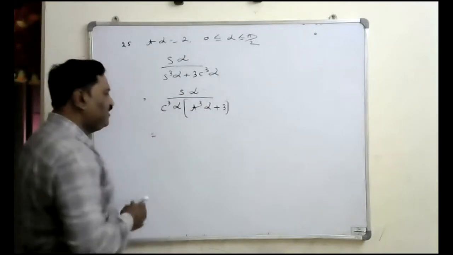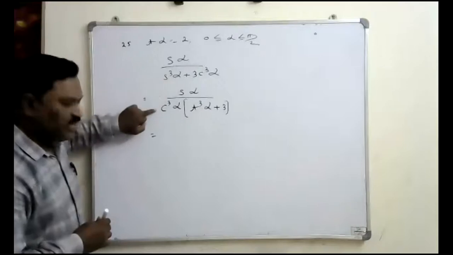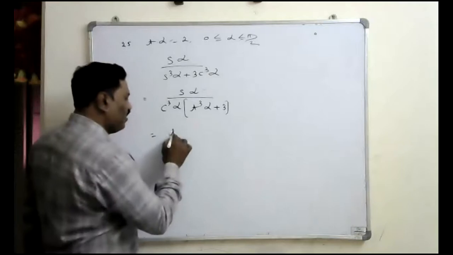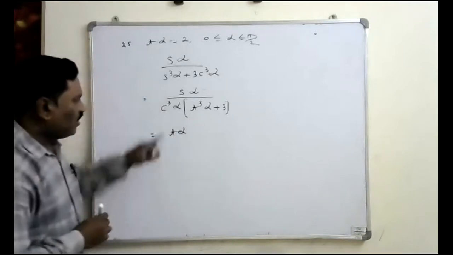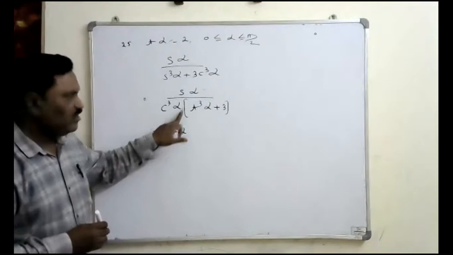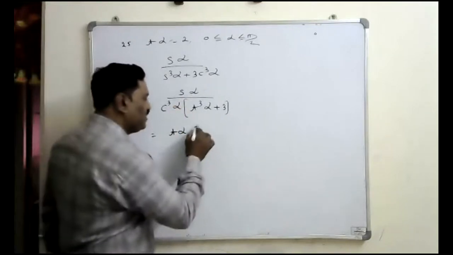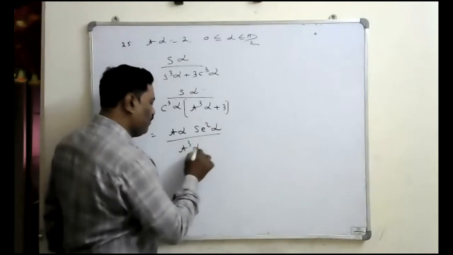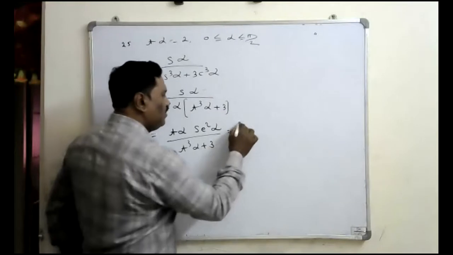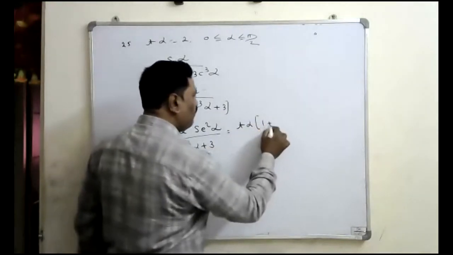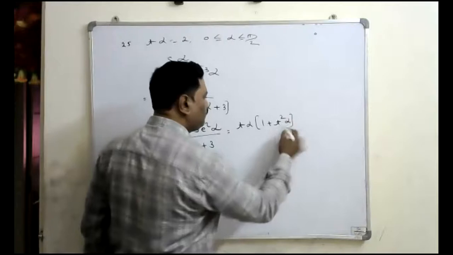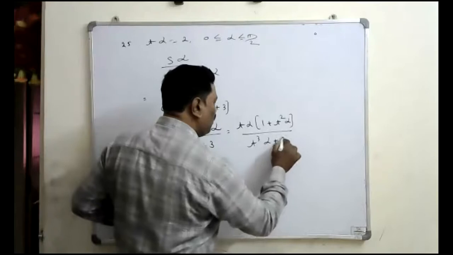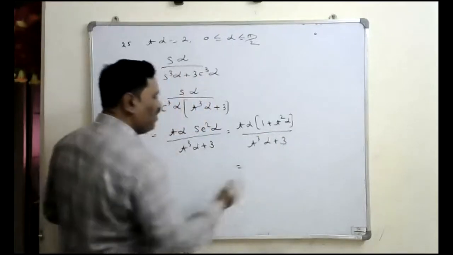Now, in the numerator, sine alpha, take one cos alpha from this: sine alpha by cos alpha, which is tan alpha, and the remaining is cos square alpha in the denominator. 1 by cos square alpha we can write as secant square alpha, so tan alpha into secant square alpha, and secant square alpha we can write as 1 plus tan square alpha, upon tan cube alpha plus 3. Like that, all the terms convert in terms of tan alpha.